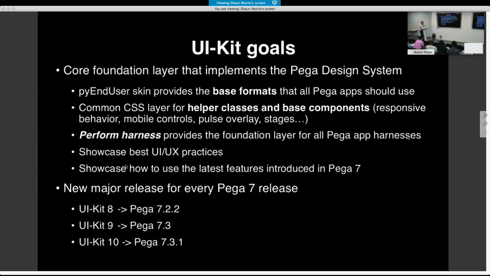They can still stay with UI kit 8. They already validated the application. We're not forcing them to upgrade to UI kit 9. So it's critical that it was a major version. And as such, we have to use a different version scheme for all the releases. Right? So when we talk about UI kit 9, it's Pega 7.3, and UI kit 10 is Pega 7.1.